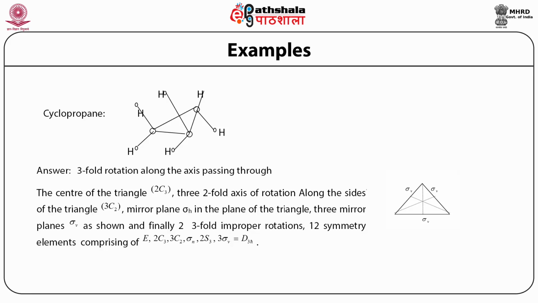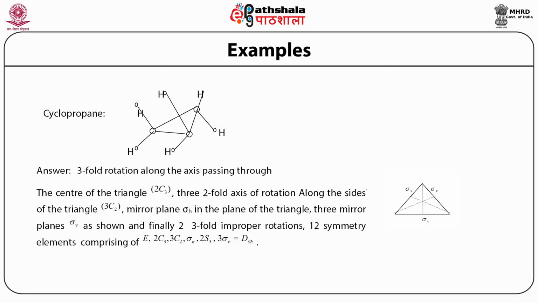Then there are 3 twofold axes of rotation along the sides of the triangle. So 3C2. Then there is a mirror plane sigma h in the plane of the triangle. Moreover, there are 3 more mirror planes sigma v as shown in the slide. And finally, there are 2 threefold improper rotations.